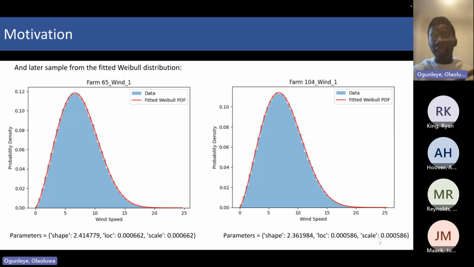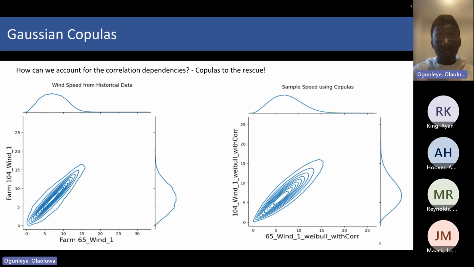If I have wind farm A and wind farm B, highly likely, if the wind is high at wind farm A and wind farm A is close to wind farm B, there's a chance that the wind speed will also be high in wind farm B. But as we will later see, without using copulas, this sampling technique does not account for the correlation between the two wind farms.